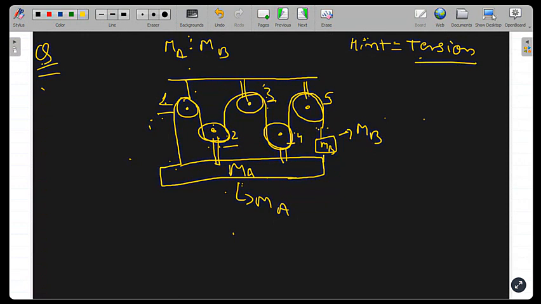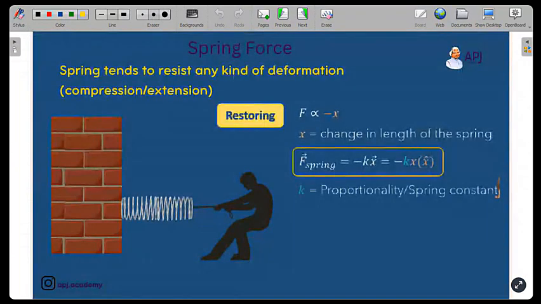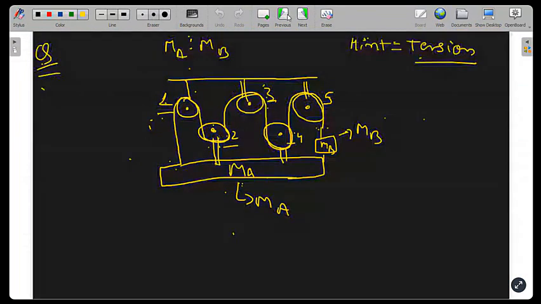कोई ट्राई कर रहा है? ओके ओके, करो, ट्राई करो.